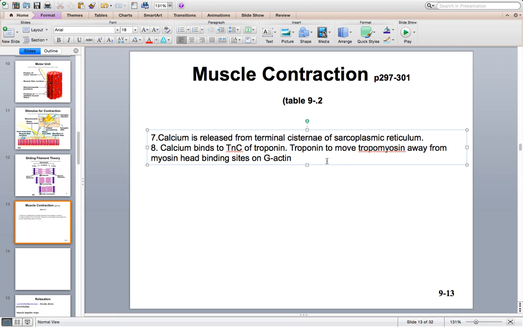Okay, so the troponin is going to pull the tropomyosin away from those binding sites on G-actin.